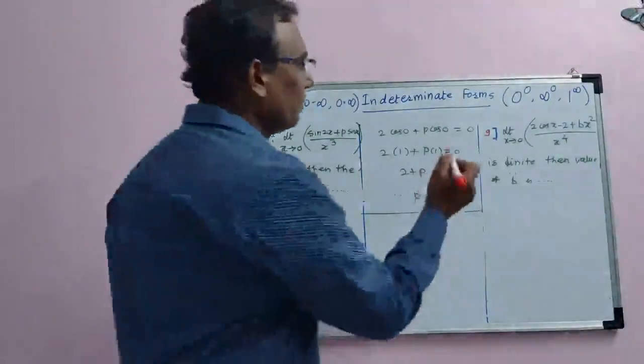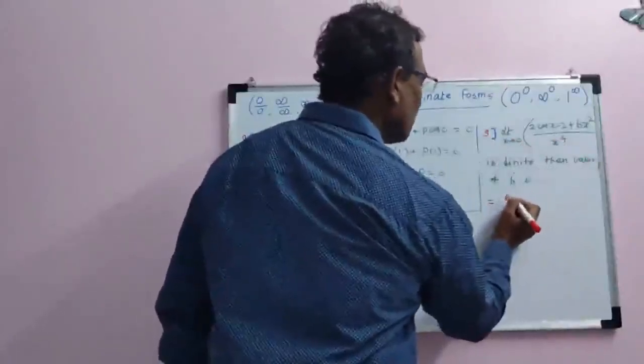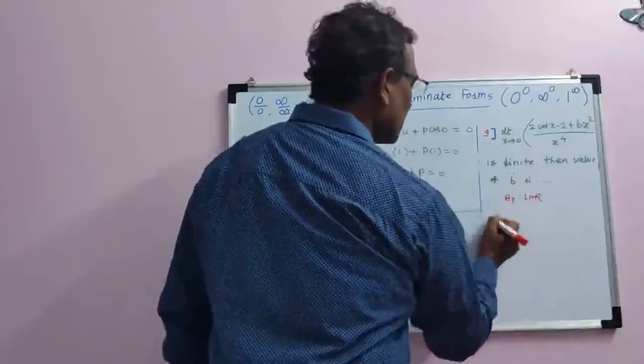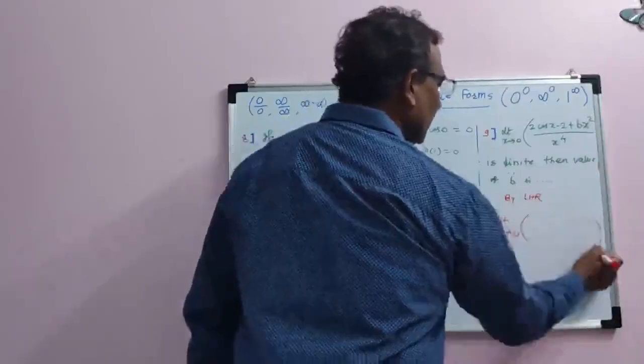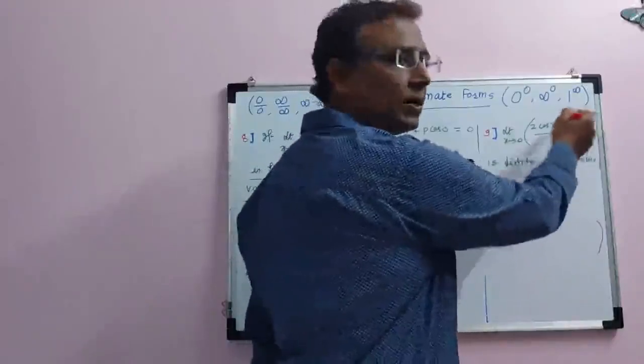Now, for x equal to 0, the denominator tends to 0. By L'Hospital rule, limit x tends to 0. In this case the denominator becomes 0, and for x equal to 0 the numerator also becomes 0. You can check it.